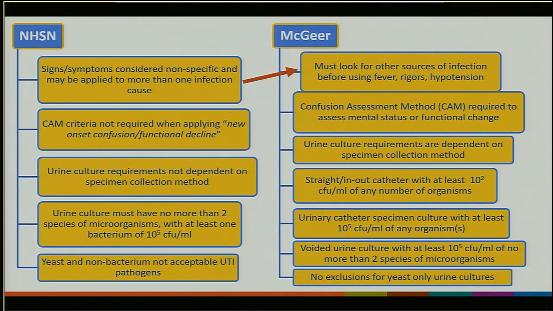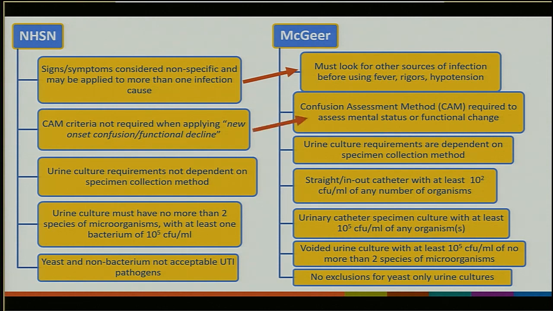Another difference is the CAM criteria are not required when applying new onset confusion or functional decline to the NHSN UTI criteria. What you're looking for with NHSN is an acute change, not related to another cause, but acute change in that mental status or confusion. Something's not right with that resident.